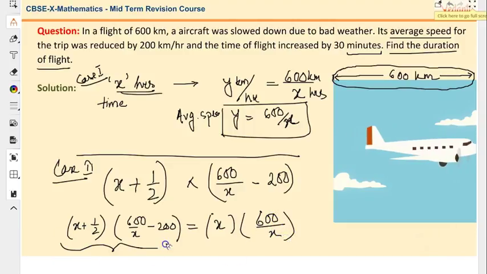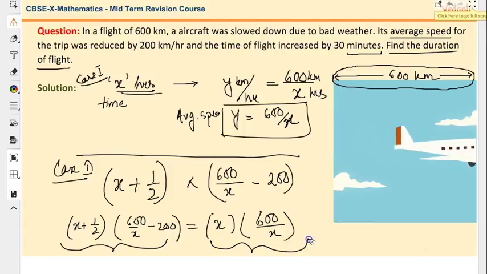Understood? Here is the distance of case 2, here is the distance of case 1, and distance of case 1 is equal to distance of case 2. You just equate them, and you will get an equation.